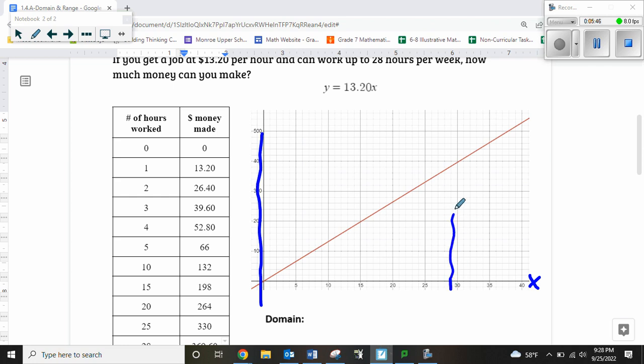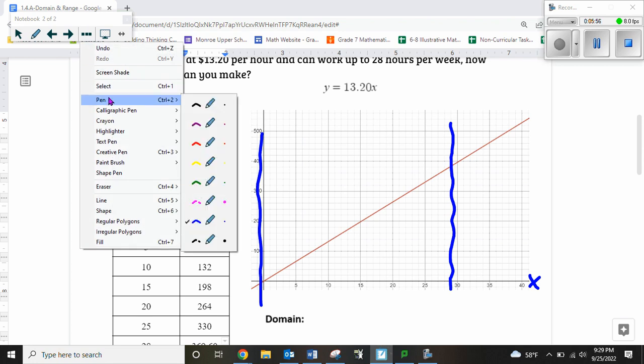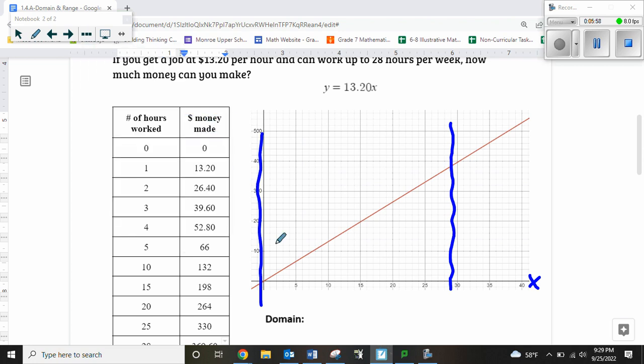You could hopefully make a better straight line than I did. And then for the range, we start at 0, and if this is the maximum number of hours, if we continue this over, that's going to be the maximum amount of money that we can make at that time. So this rectangle represents our domain and range.